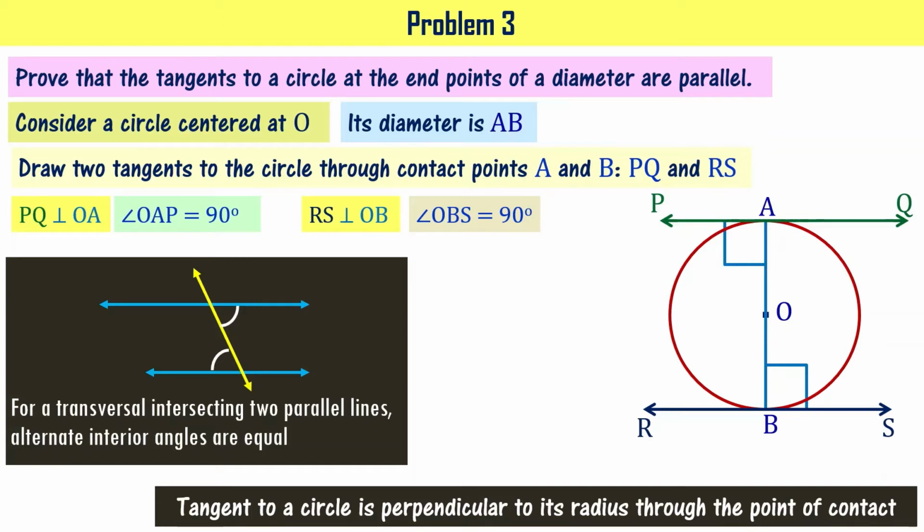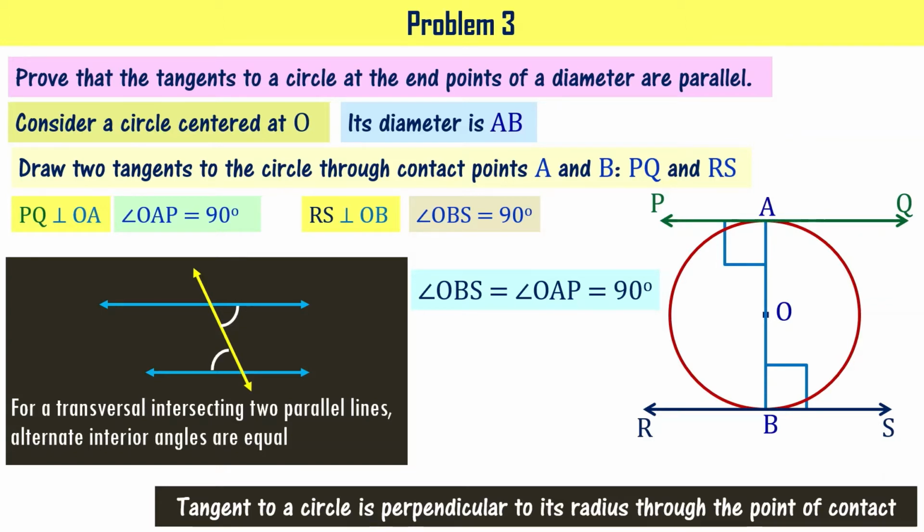We know that for a transversal intersecting two parallel lines, the alternate interior angles are equal, right? Let's take the converse of this particular statement. When alternate interior angles are equal, the lines cut by the transversal are parallel lines. Let me repeat. When alternate interior angles are equal, the lines cut by the transversal are parallel lines. As you see here in the problem, angle OBS equal to angle OAP equal to 90 degrees, right?